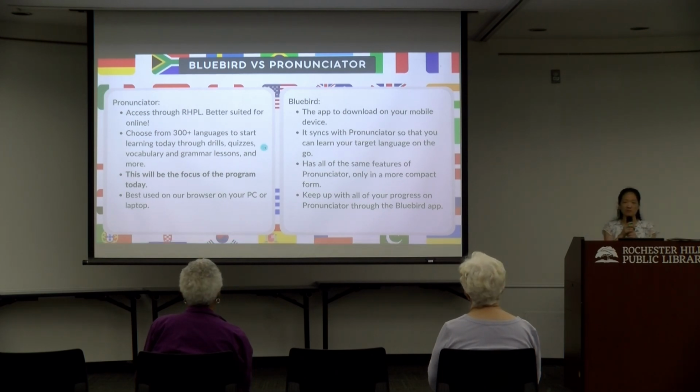It's got a few bonus features, such as being able to listen to, I think they're like little podcasts or little videos. There are some things that are specific to Bluebird, but with the cross-compatibility, you'd be learning the same things. Bluebird's the web version.